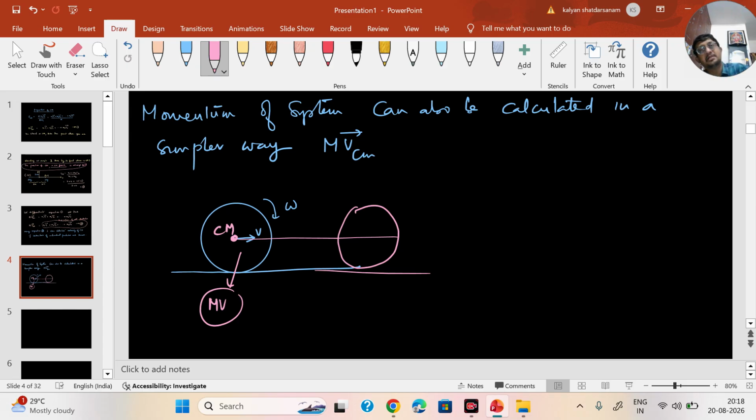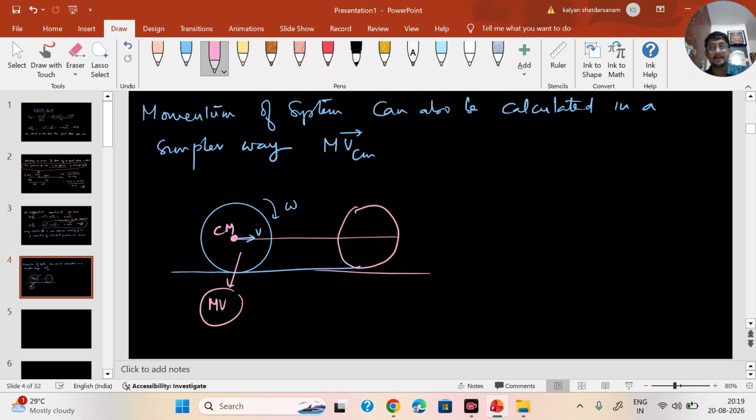This is very complex. Like this, if you go to every organ of the body and you are finding momentum and adding, too complex. Instead, my total mass, which is some 75 kg or whatever, into just one point somewhere in my chest, there will be center of mass. I will take that fellow's velocity and multiply both, and that is the momentum. How beautiful it is.